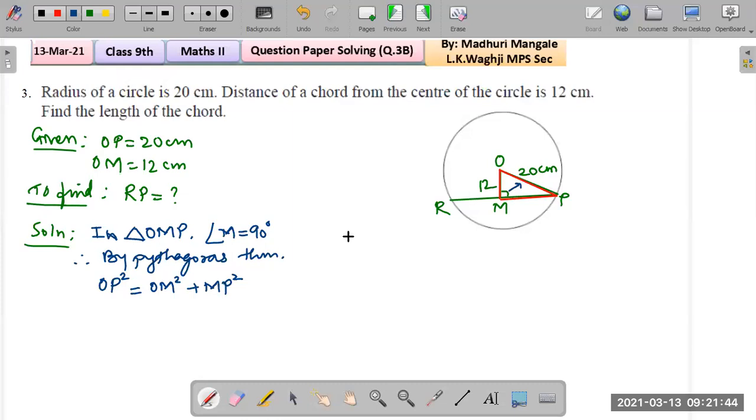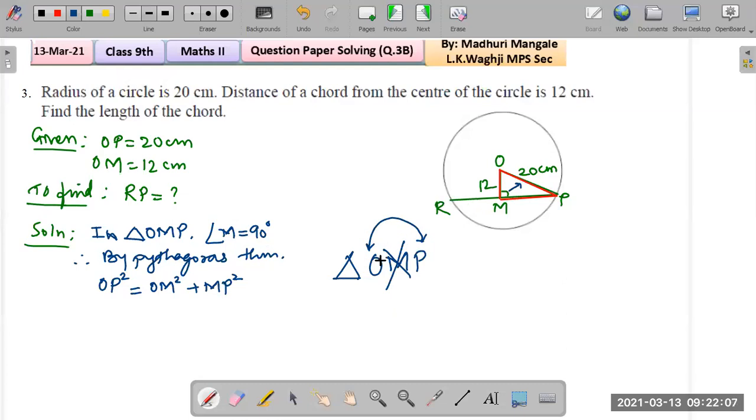There's a trick I just wanted to share with you all. Whenever we write the name of any triangle, let's say this is OMP, and they say that angle M is 90 degrees, just cross out that M. Whatever is left, that is the hypotenuse. If I cross out M, then the hypotenuse is OP. This is the easiest way to identify the hypotenuse, even if you're not drawing the diagram.